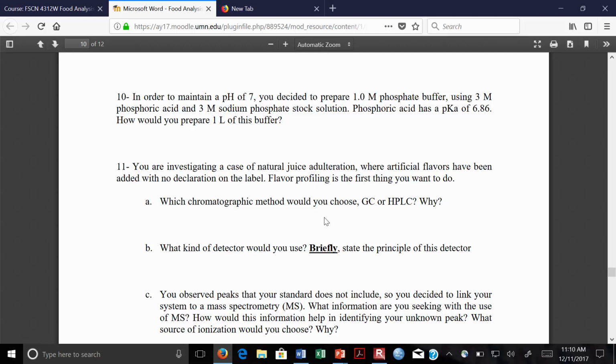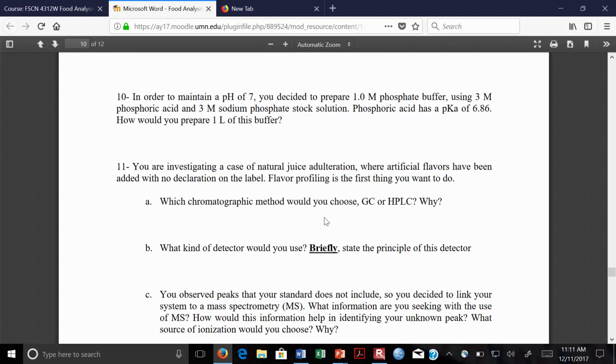So that would be 333.33 ml. So for both of them, since I have 3 molar stock solution for both, for both of them I take 333.33 milliliter, and then I make up to 1 liter with distilled water. So now I have both 1 molar solution.